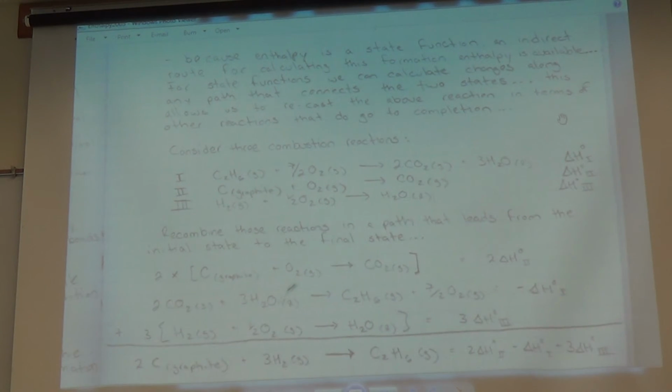So we can take reactions that we know the enthalpy for and recombine them in a path that regenerates our reaction of interest, sum the enthalpy changes, and we're done.